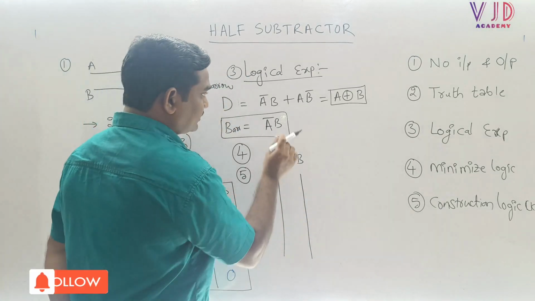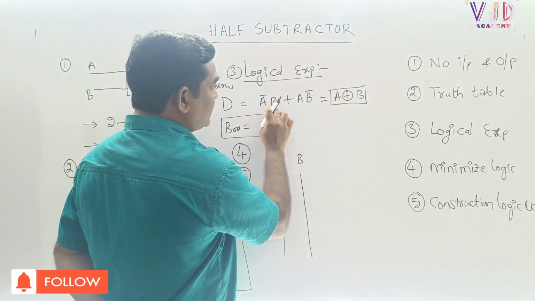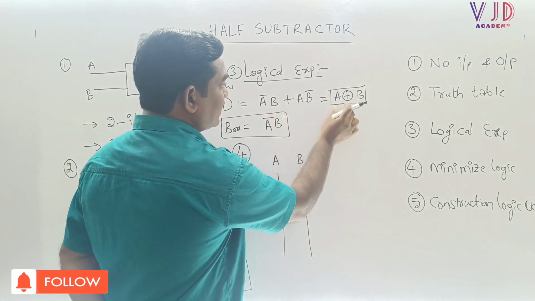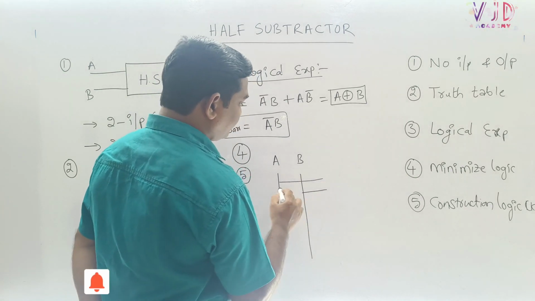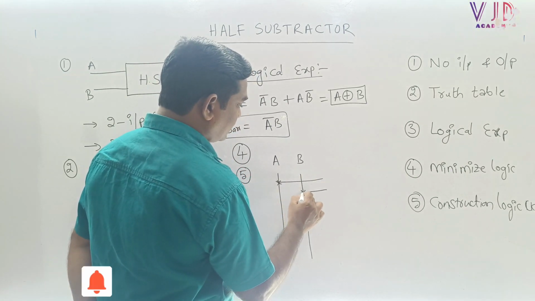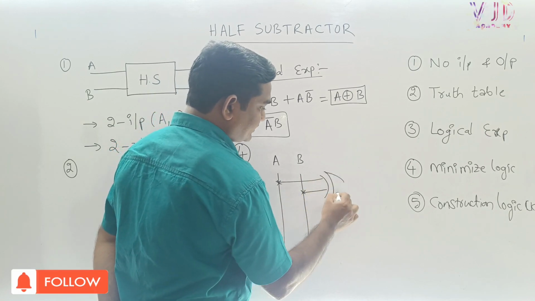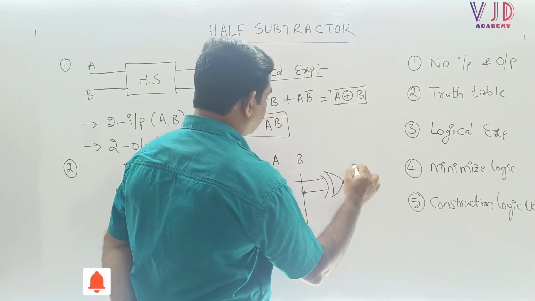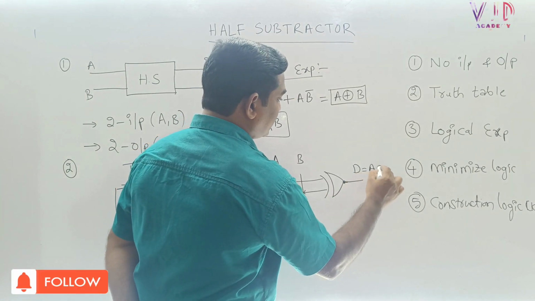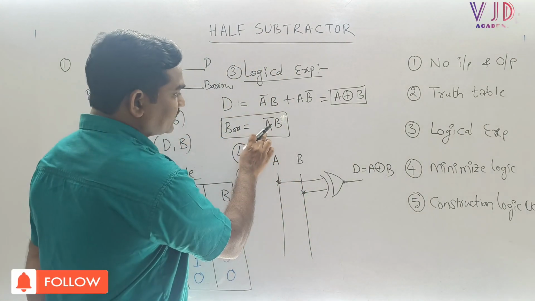Here the difference output is a XOR b, which is a bar b plus a into b bar. We can write it as a XOR b. Here this is a and this is b. We can take one connection, and now here we will place one XOR gate. So this is the difference output a XOR b. Now coming to the second one, this is a bar.